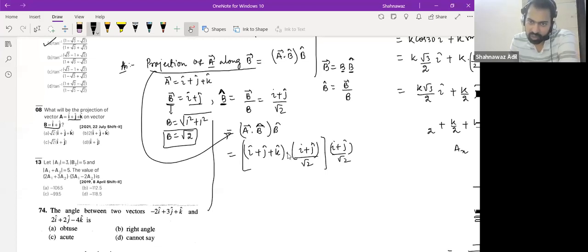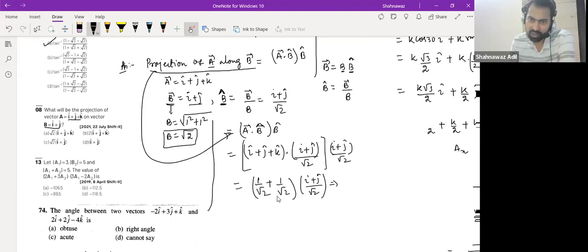So this is the dot product. i dot i would be 1, so 1 by root 2, and j will survive, so 1 by root 2.